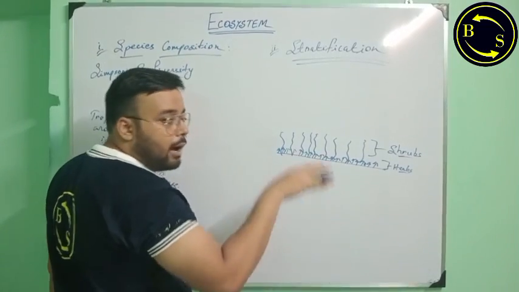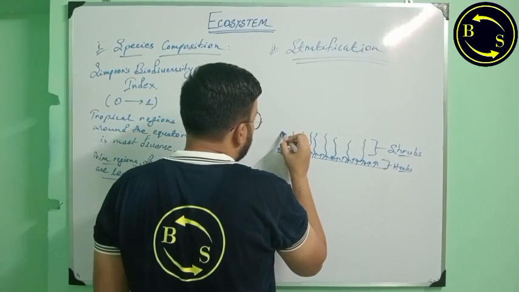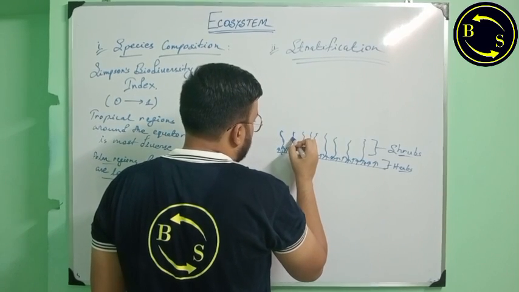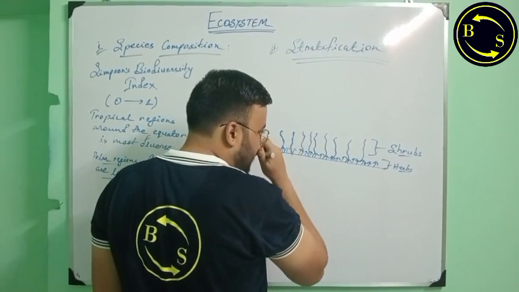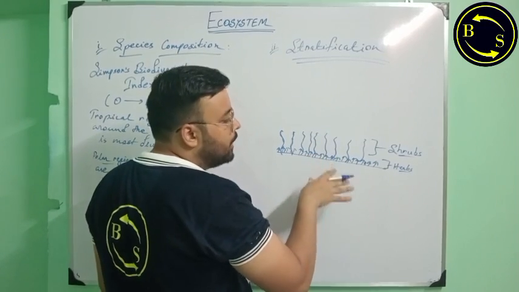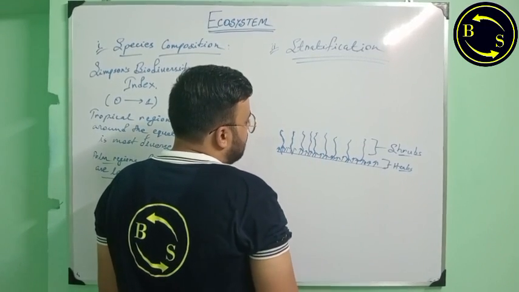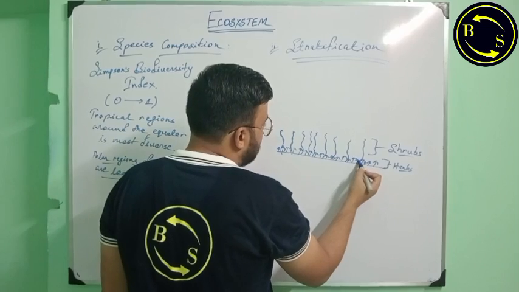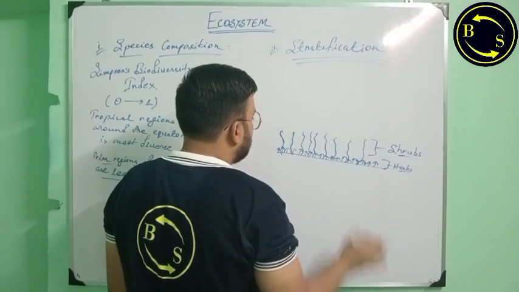But just above the height of the herbs, you will find slender, medium height, woody plants. They are also short but taller than the herbs. They are the shrubs.